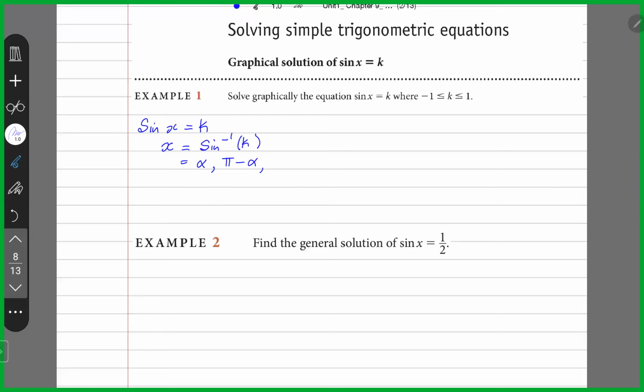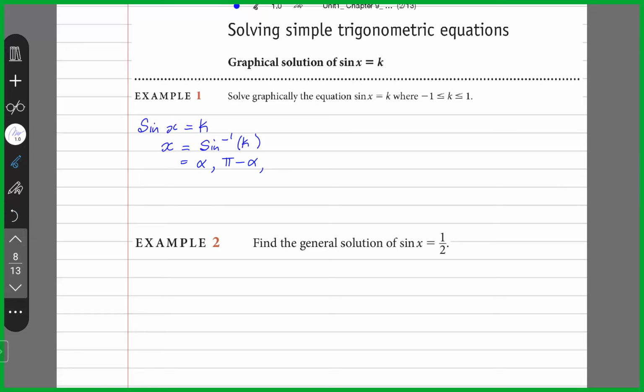But remember that the sine wave repeats itself every what? 360 degrees. So since it repeats itself every 360 degrees, between 360 degrees and 720 degrees, there is going to be another first quadrant and another what? Second quadrant.